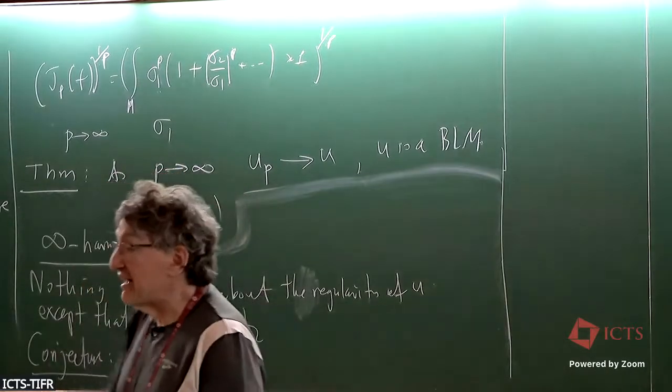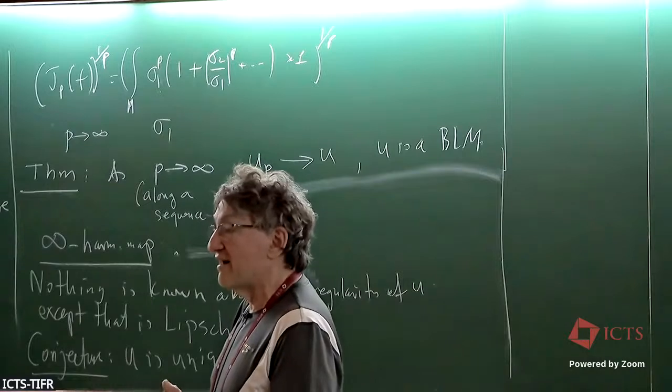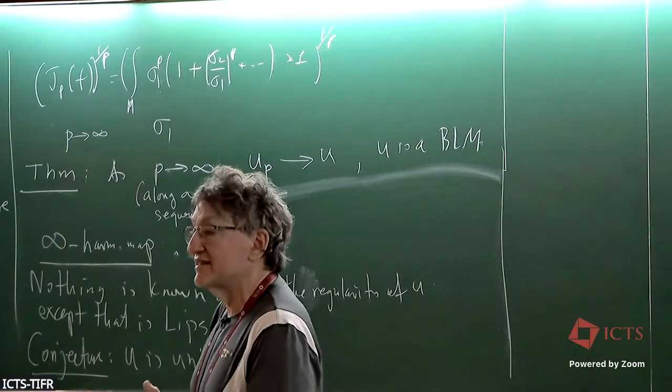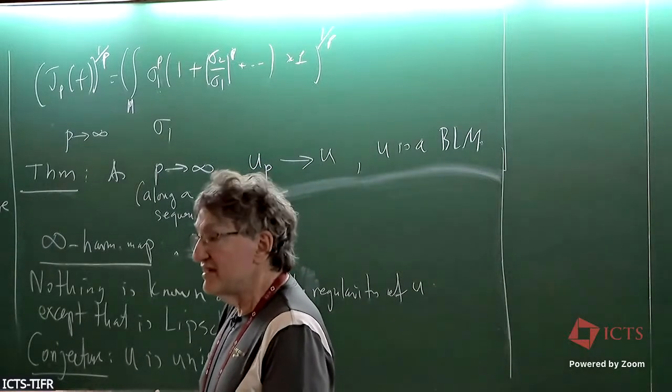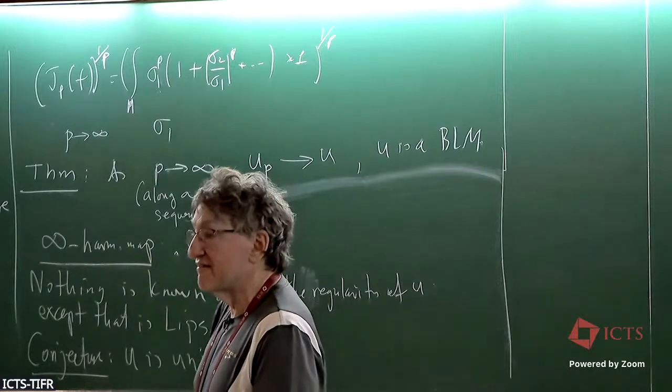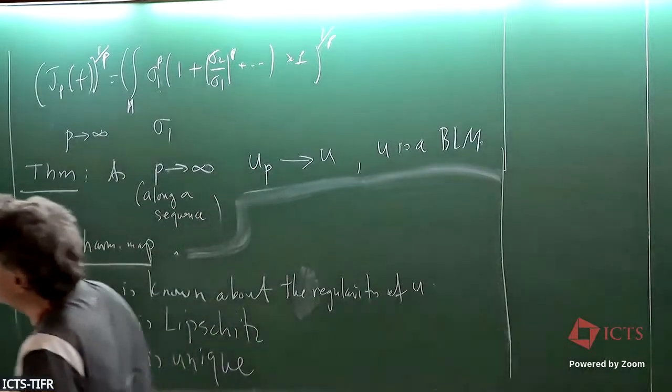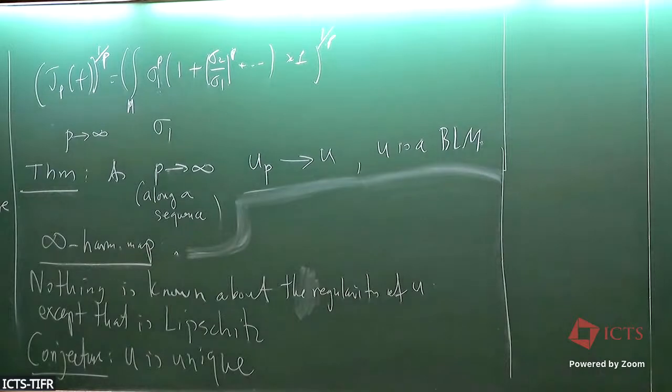However, I think this is way out of reach of the current techniques in analysis. I don't think the techniques are there to prove it. Like the same way Aronson could not prove what he wrote down in this equation, and it was later that people developed the techniques to show that U is unique. We don't know U is unique. And if it's unique, then any sequence would converge to that thing? Yes. Yes.